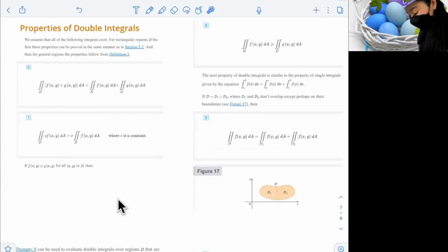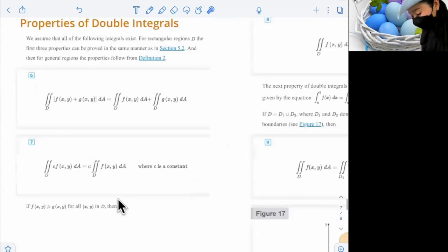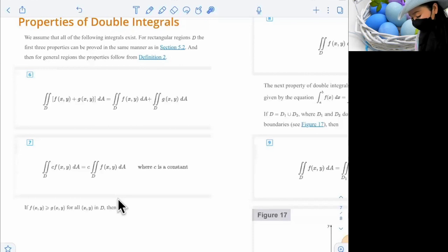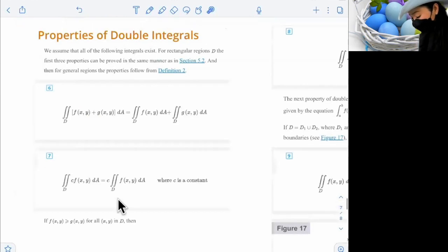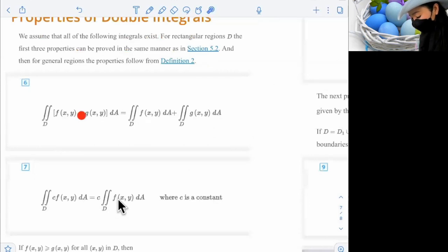Last section here, properties of double integrals. Okay, this one is not too bad. So basically, what does it say? If you have the double integral of a sum, then what happens? It can be the sum of the double integrals, right? So if you add these two, this is the sum law.